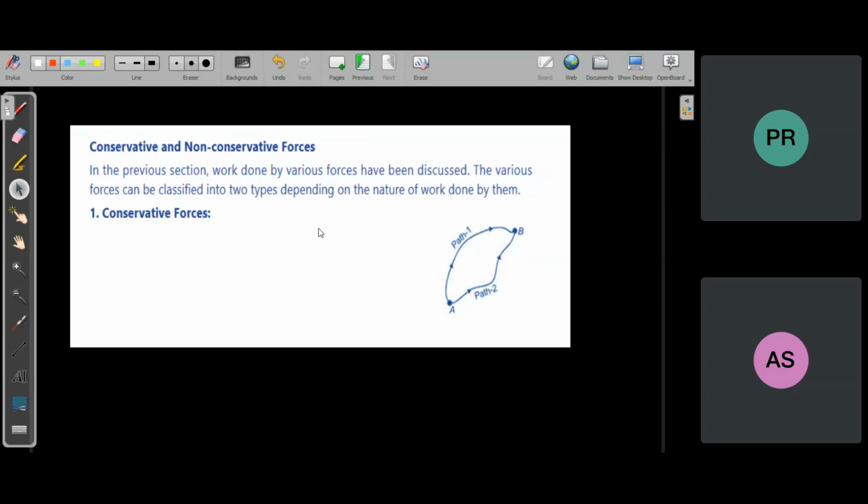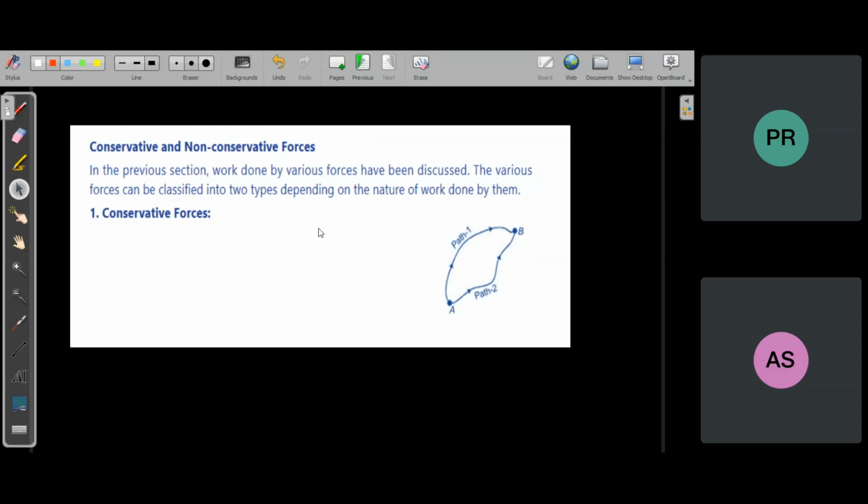If you are exerting two forces, then you will calculate work done by both the forces added together. Whatever is the force acting, you have to calculate work done by all the forces. If you are taking just work done by one force, then that is not equal to change in kinetic energy. Then it is wrong.